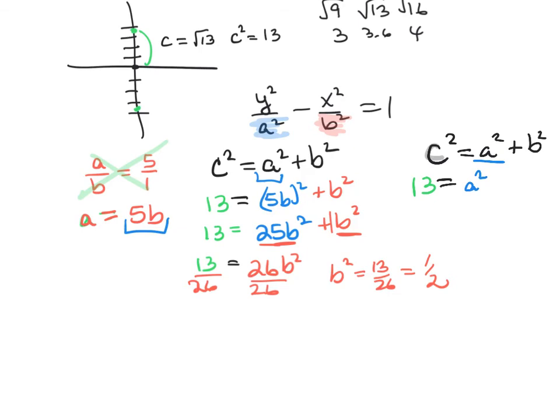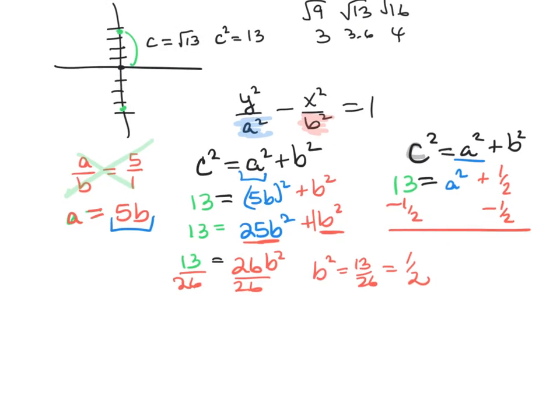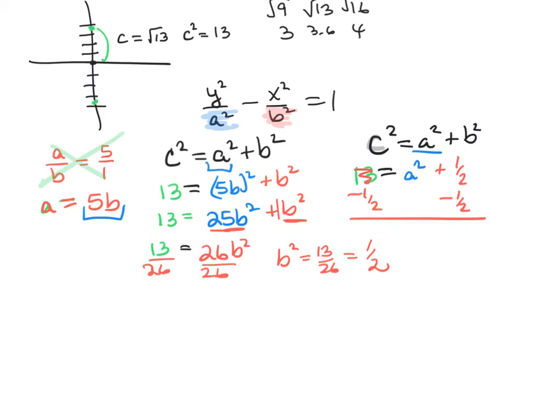And my b squared is 1/2. I'm going to move the 1/2. I'm going to change this 13 into 26 over 2. So now I can subtract 26 over 2 minus 1/2, and I get 25 over 2. And that is my a squared.